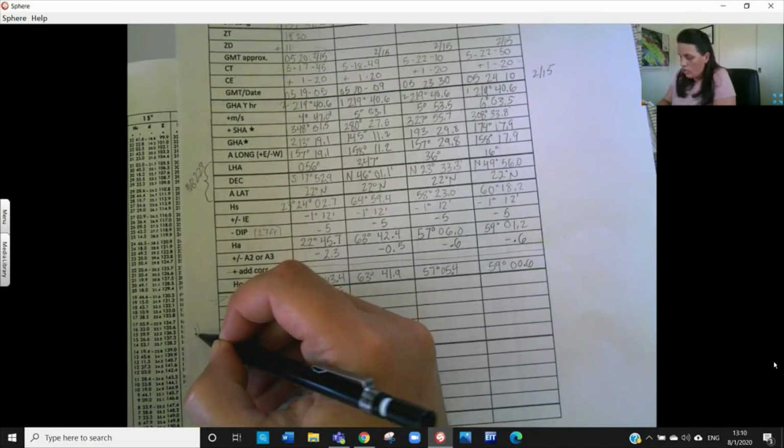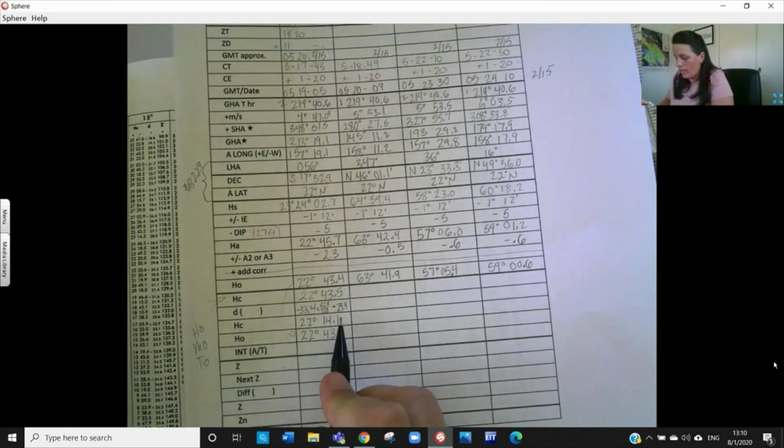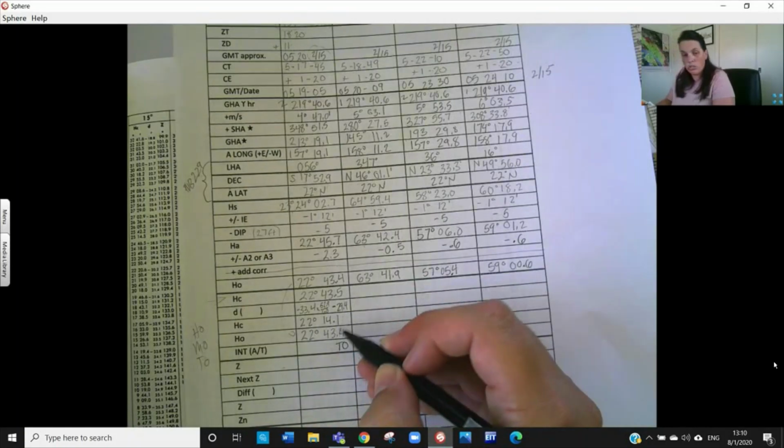We have HO, MO, TO as a common reminder that if our HO is more than our HC, which it is, it's 43 and our HC is only 14, our intercept is going to be towards. So I'm going to add in a T right there. Now I need to see what the difference between these is to get my intercept.